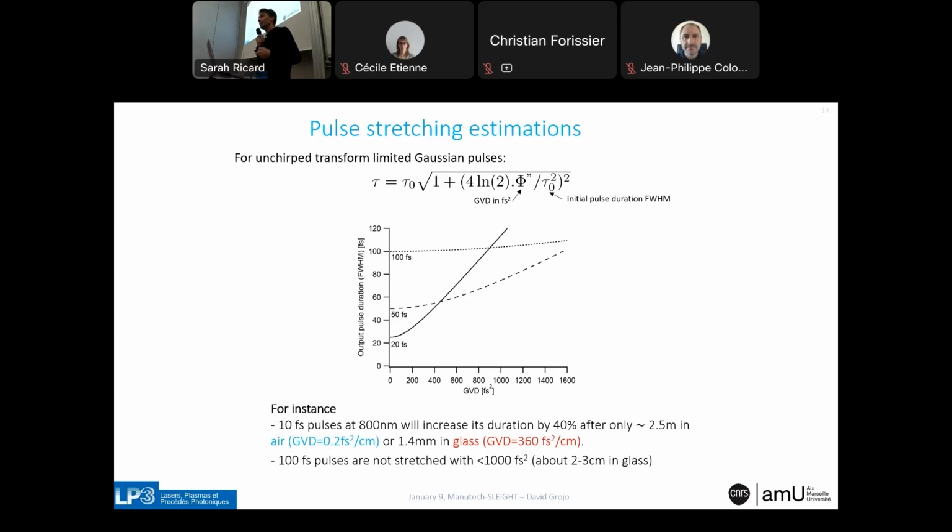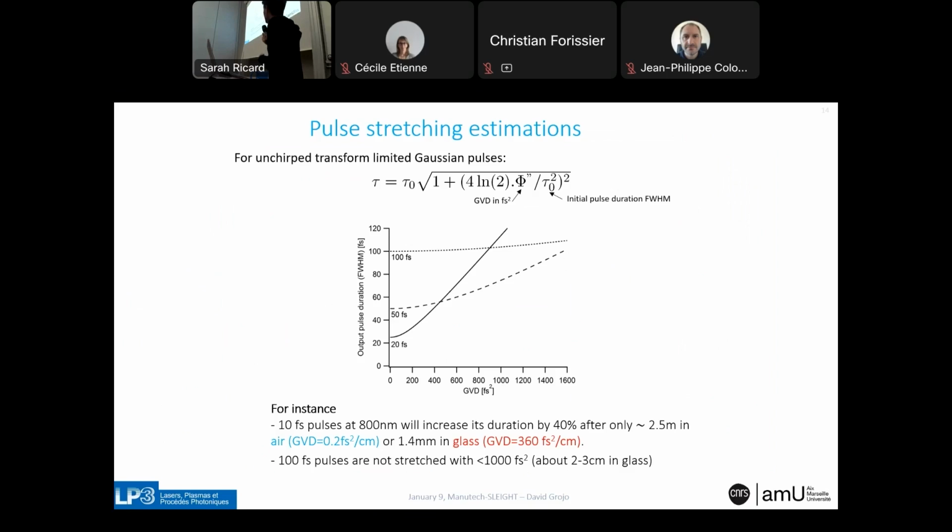dispersion effects. And so if you take numbers, for instance, a 10 femtosecond laser pulse at 800 nanometer, and you propagate over a few meters in air or 1 millimeter in glass, the pulse duration will increase by 40%. It will become 14 femtosecond, which is not negligible for an experiment, and that's something you have to account for.